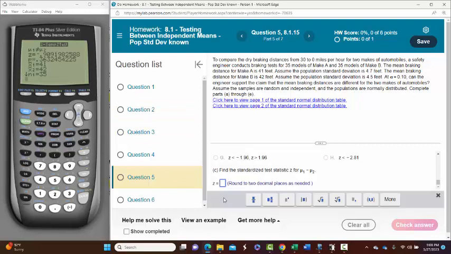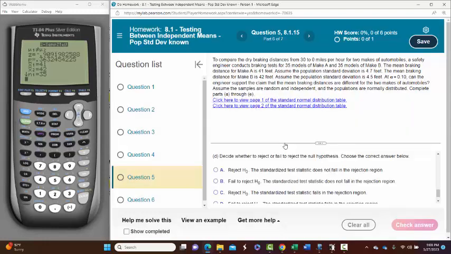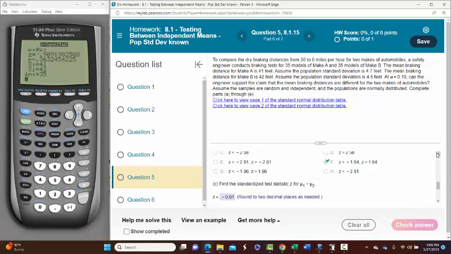I don't think I have to put the 0 in front, but I will. Negative 0.91. All right. Now, the rejection regions are outside of negative 1.64, positive 1.64. Negative 0.91 will actually fall between those two numbers. So we're not going to reject.